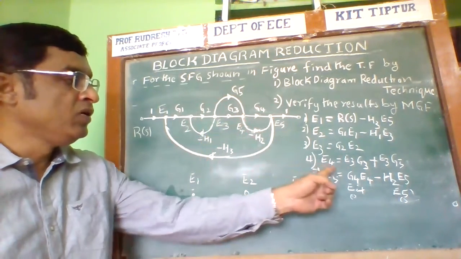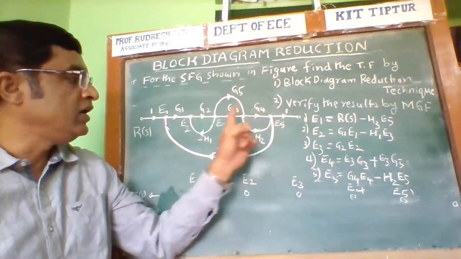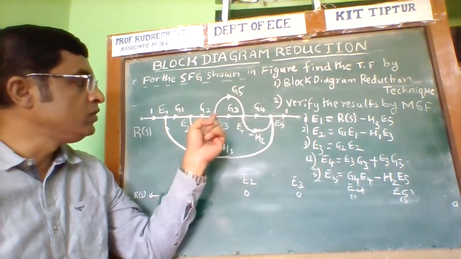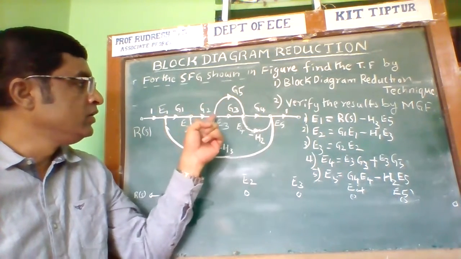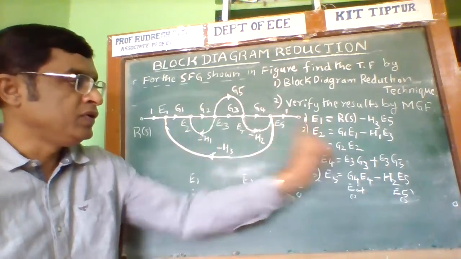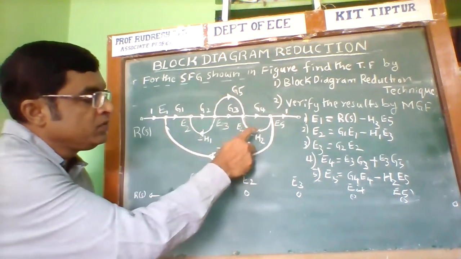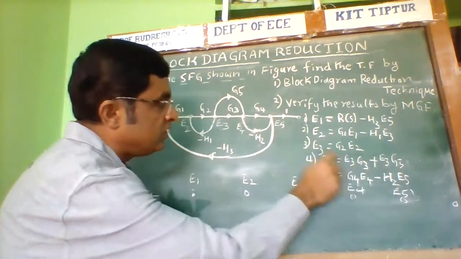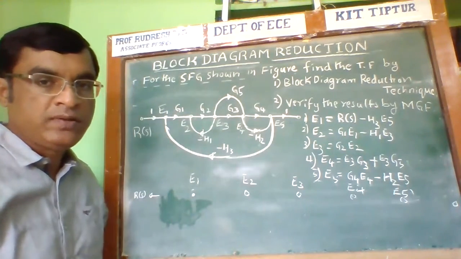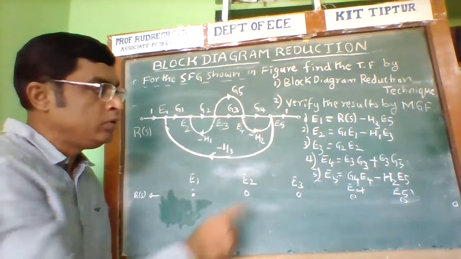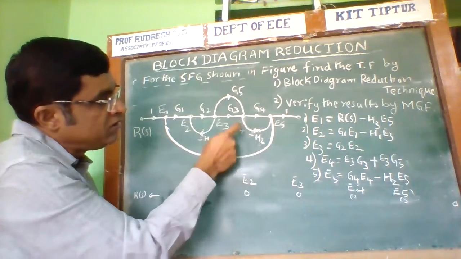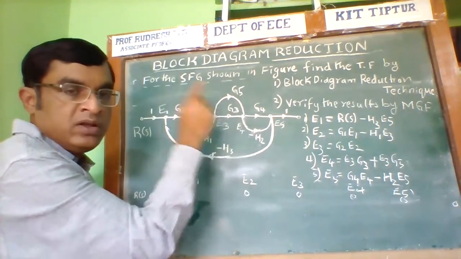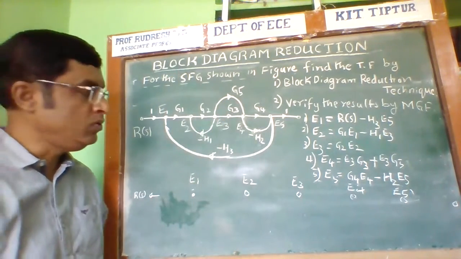Similarly at E4, considering E3 into G3 plus G5 into E3 written. If the direction were this way, I would have to consider this term here, which is the standard problem. But according to this problem, only two signals are inputs at this particular node.